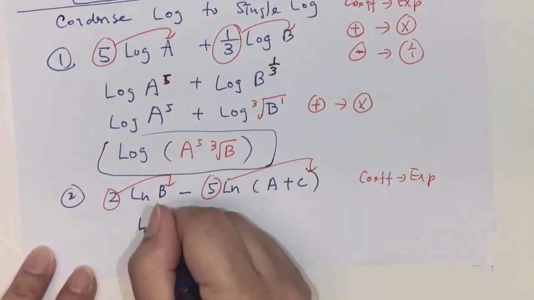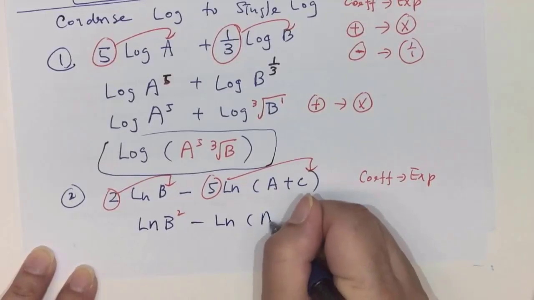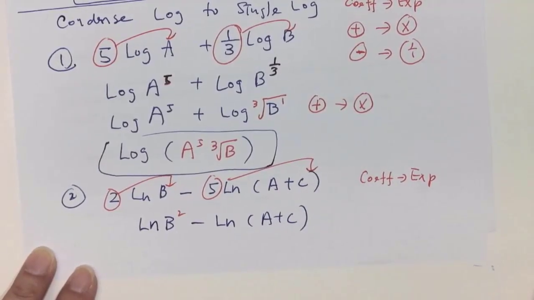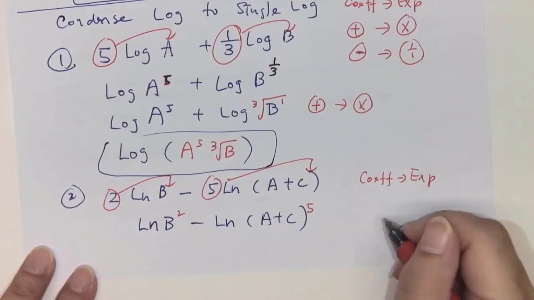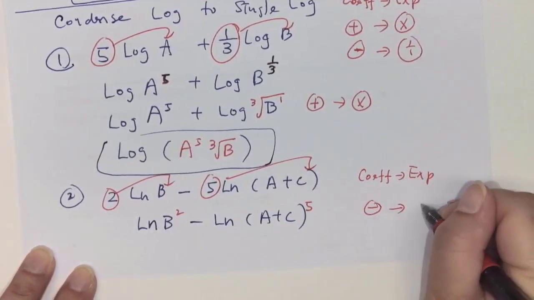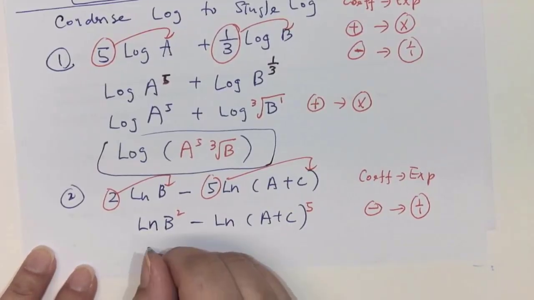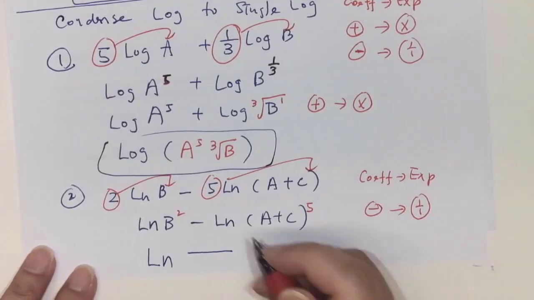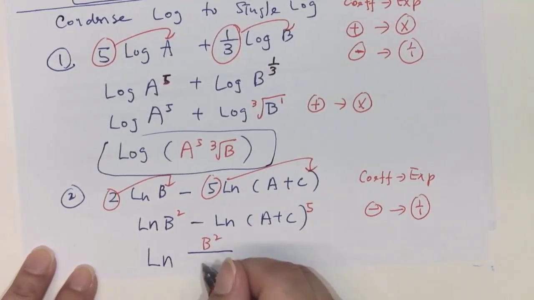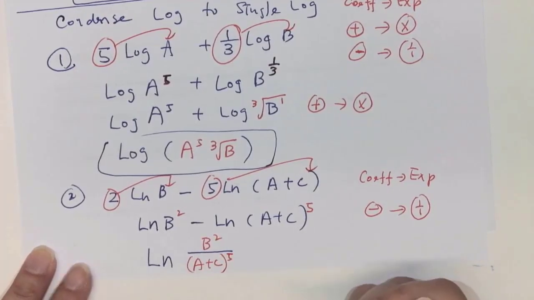Ln of B to the second power, subtracting ln of (A plus C) raised to the 5th power. Okay, and then subtraction is going to turn into division. We are going to have how many ln? Just 1 single log, right? And then dividing, right? What goes to the top? B squared. At the bottom, we have the whole A plus C in parentheses raised to the 5th power.